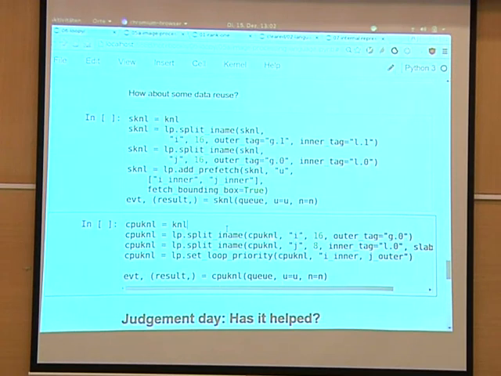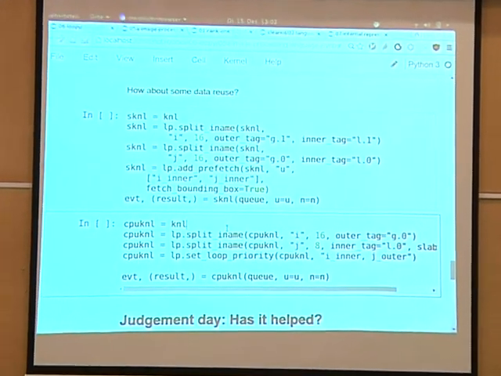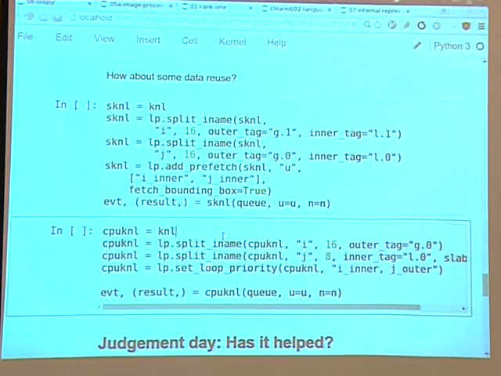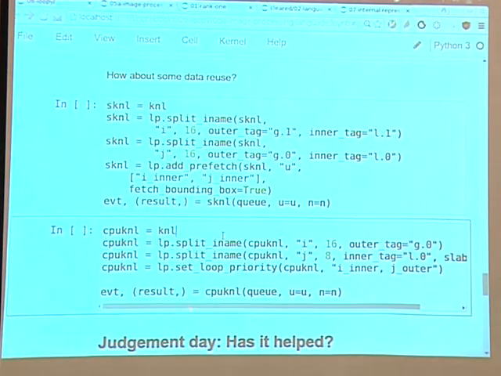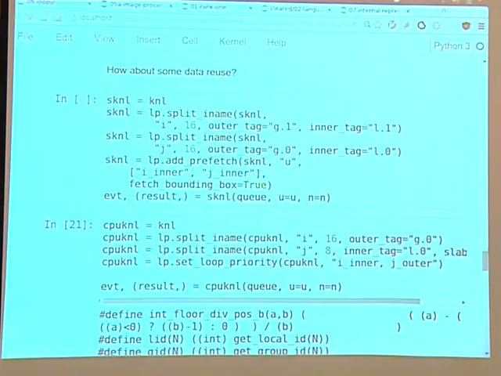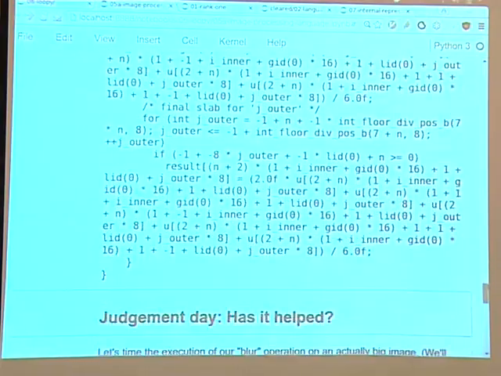And I've split my j loop into little groups of 8 and mapped the inner loop that I get that way onto the vector lanes. I've told Loopy how to order the remaining loops, and I can go and execute this. The code already starts looking a little more messy.